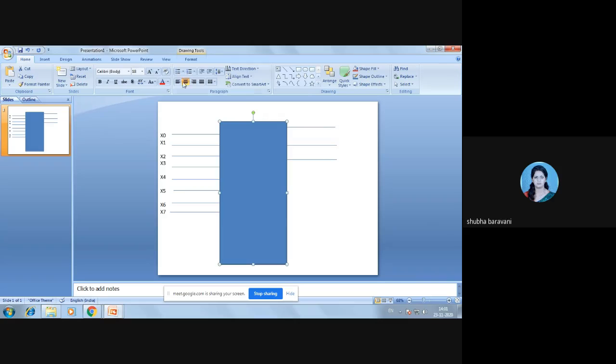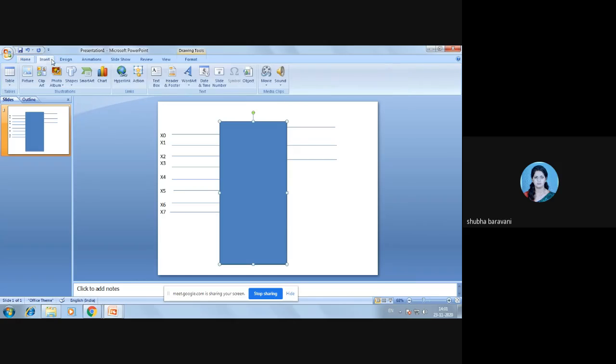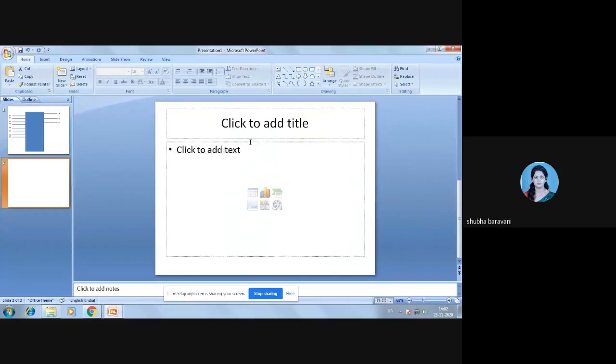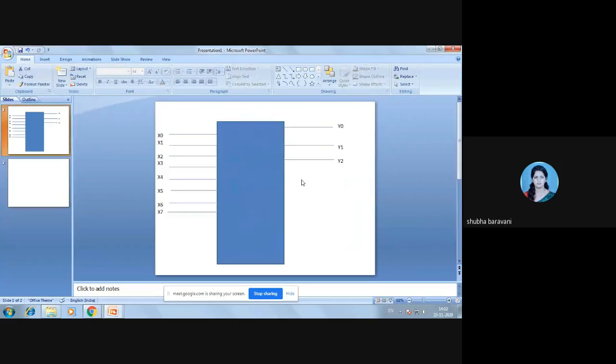Now the outputs would be 3 outputs, for the 8 to 3 encoder. Say, let me say my outputs are y0, y1 and y2. So this is my encoder. Enable lines will be there, I have not drawn them.